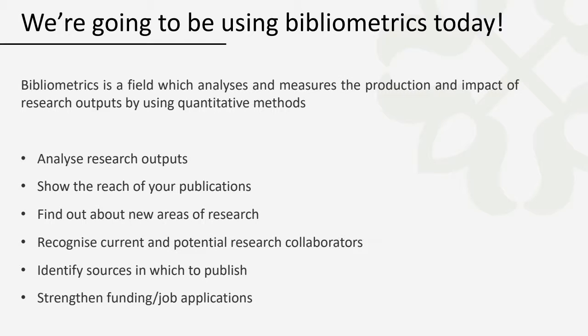Okay, so here are some thoughts that I had about why bibliometrics is helpful to us. So we can analyze research outputs, so we can get a sense of the quantity and the performance of research outputs. And when I say performance, I mean what impact they've had in terms of citations.